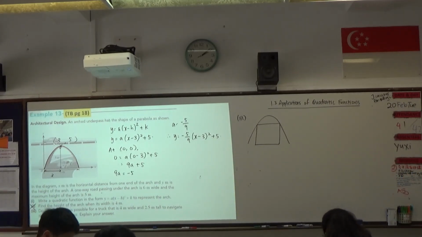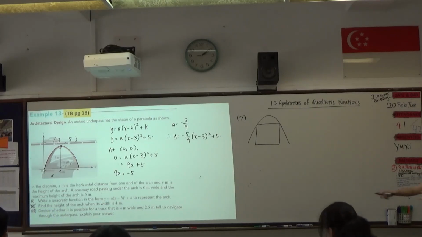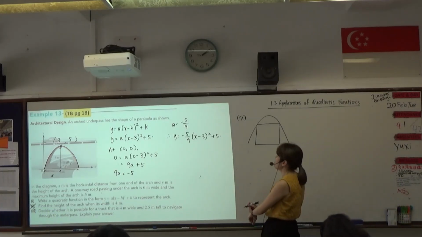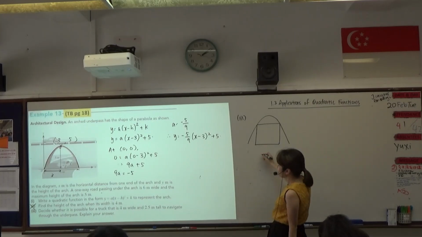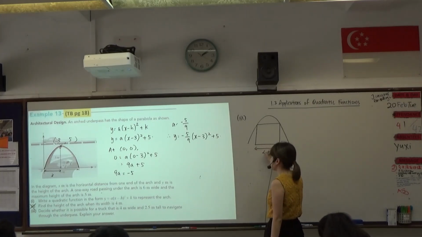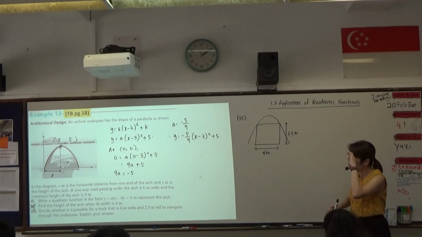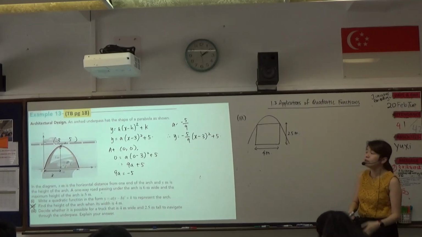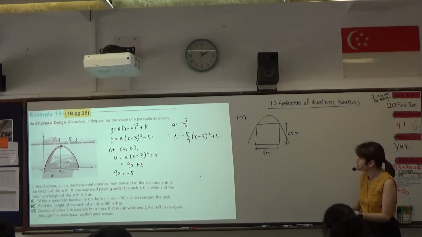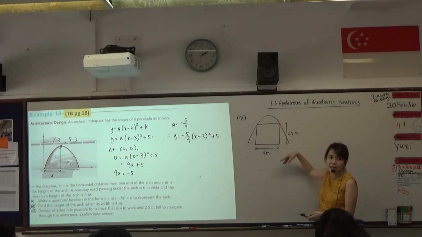The question says a one-way street. One-way street, no left lane, no right lane. So we're looking at a 4 meters wide truck and 2.5 meters tall truck. We want to know whether it is possible. To know whether it is possible or not, it must be able to fit.